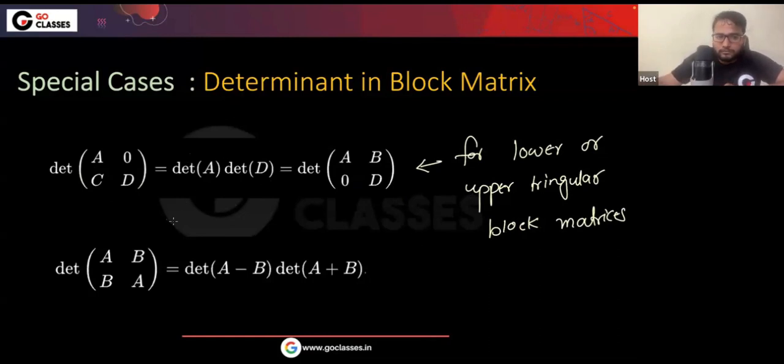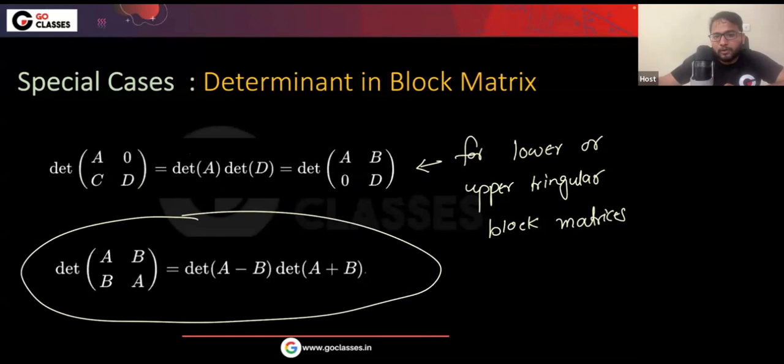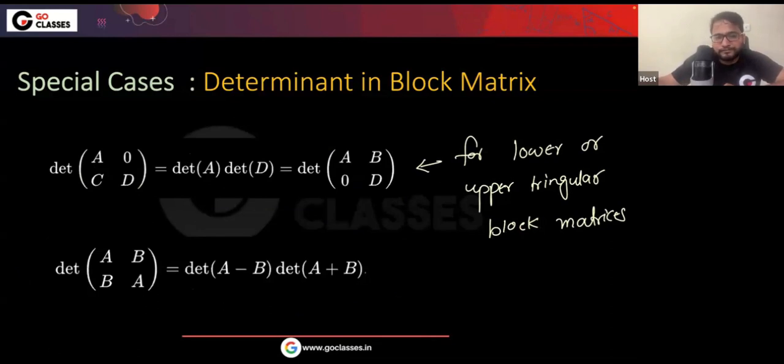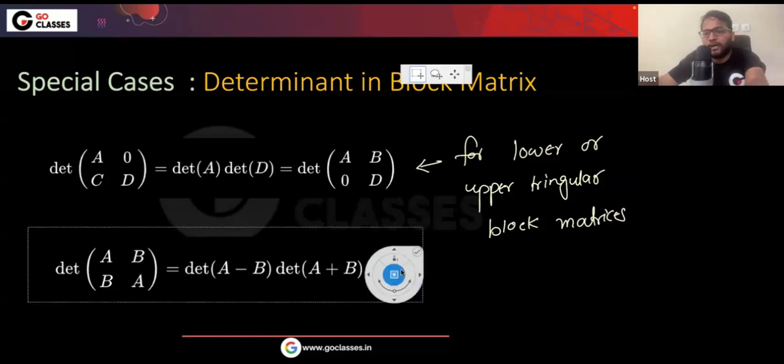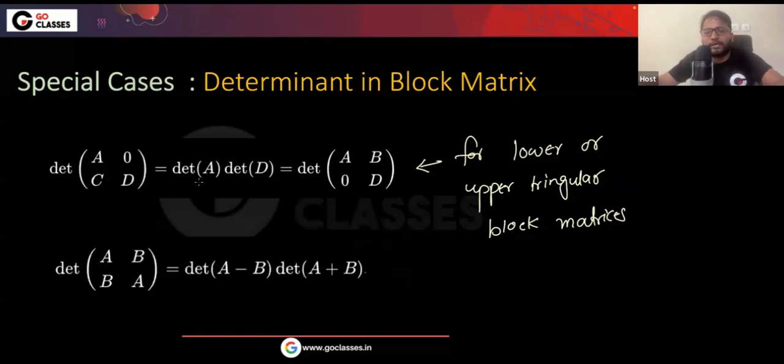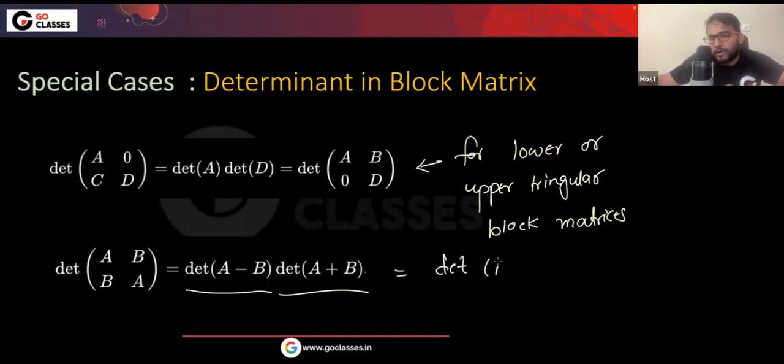Now, this is also one special case, where you have a block matrix such that this is A, B, and then in the next row you have B, A. I mean, instead of C, D, you have B, A. So this is also a special case, and here you have determinant of A minus B into determinant of A plus B, or you can also say determinant of A square minus B square, right?